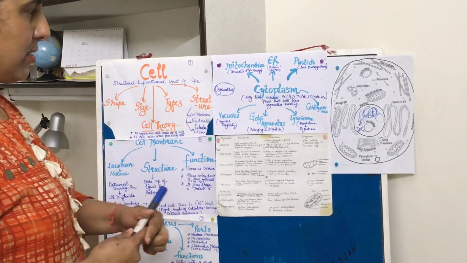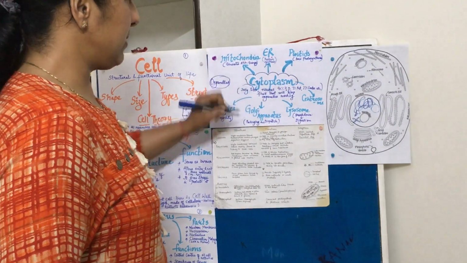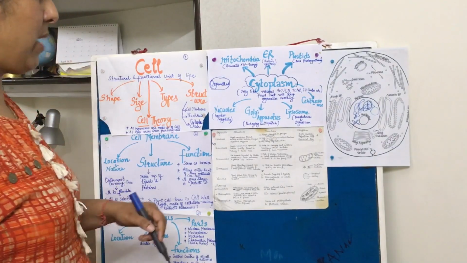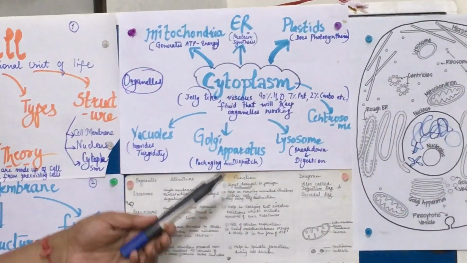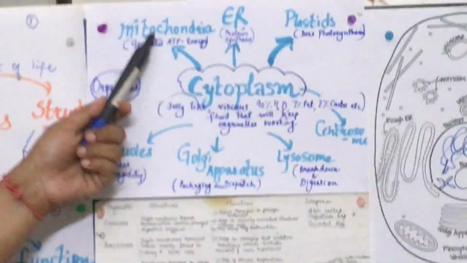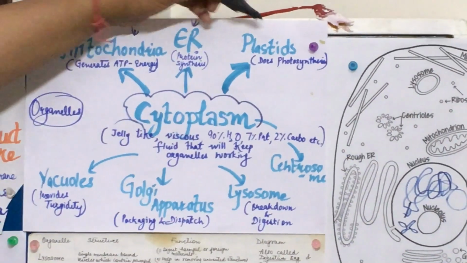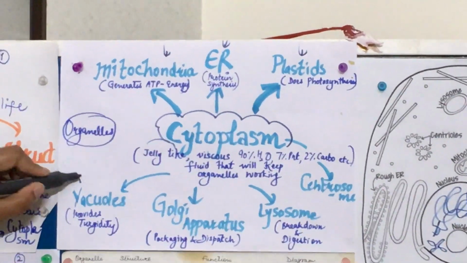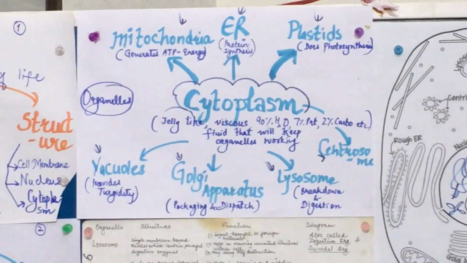Though I have not mentioned everything, the cytoplasm is going to have certain organelles: mitochondria, the endoplasmic reticulum, the plastids, the vacuoles, the Golgis, the lysosomes and the centrosomes.